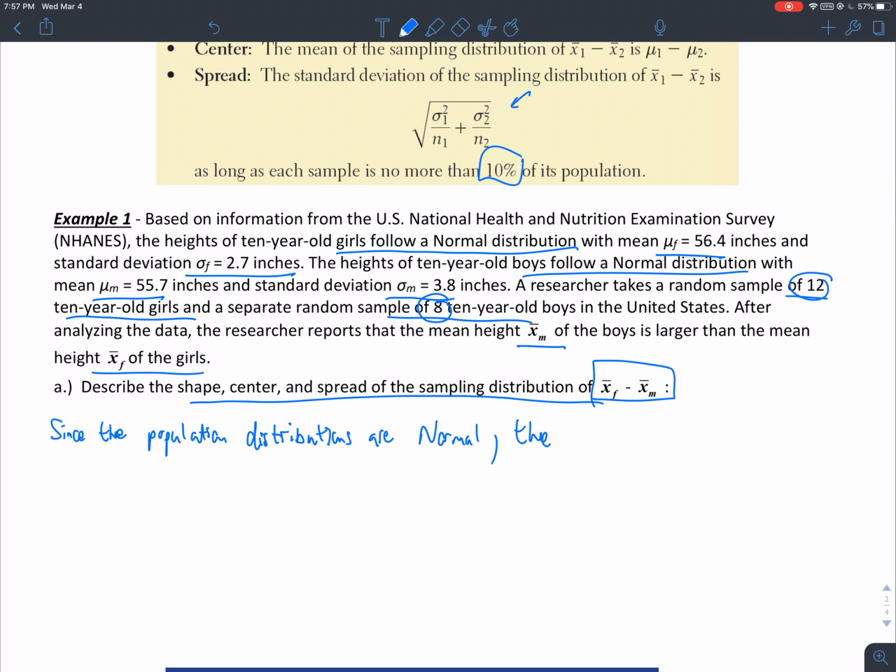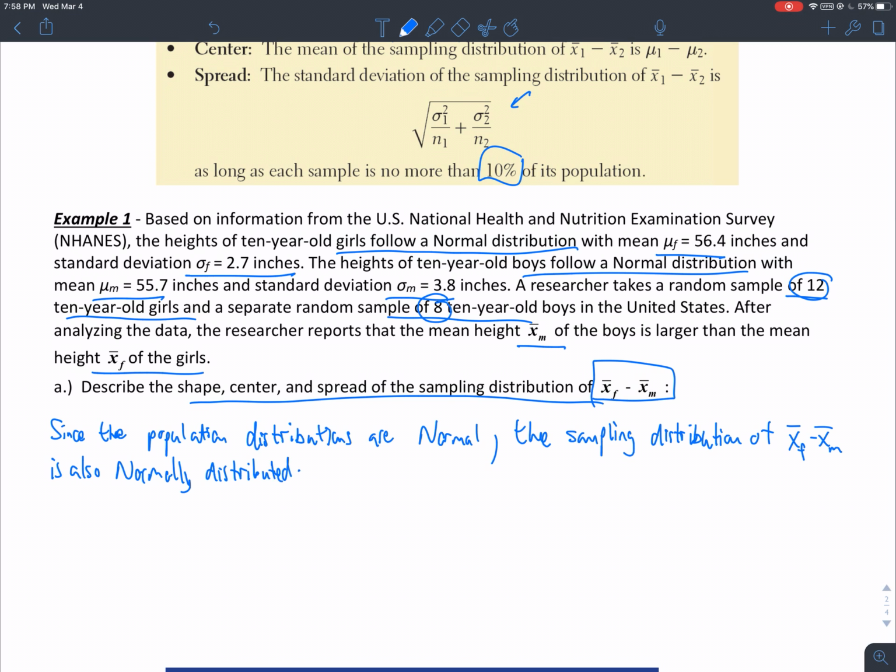the sampling distribution of x bar sub f minus x bar sub m is also normally distributed.